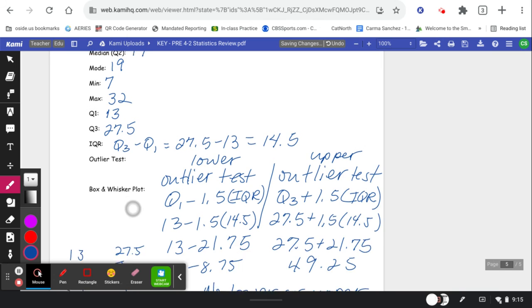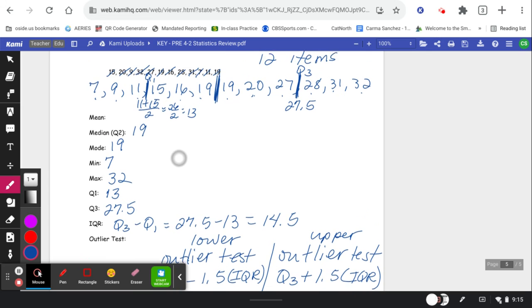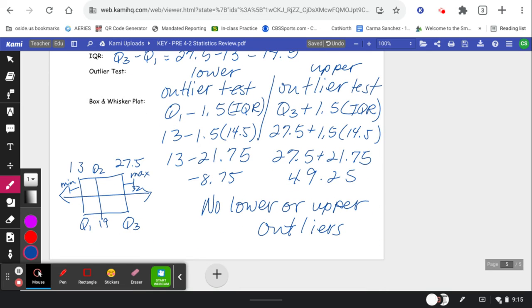My Q2 is at 19. My whisker is going to go out to a 32. And my whisker is going to go down to a 7. My min and my max. And we're done. If there were outliers, we'd have to put those on here, but there aren't any.